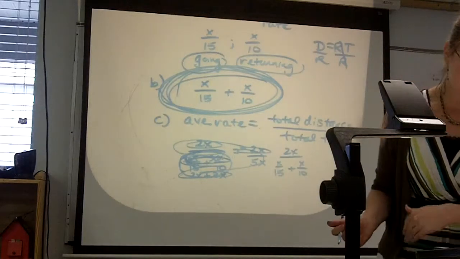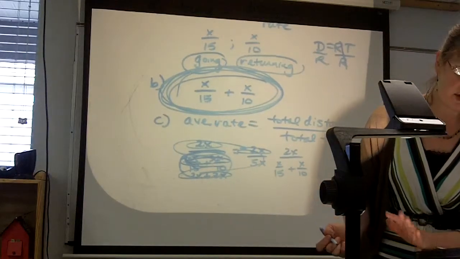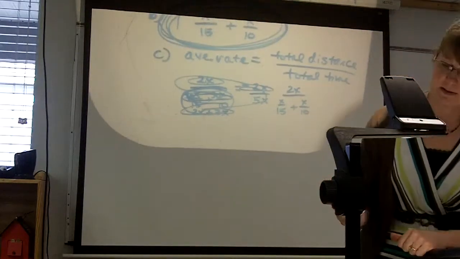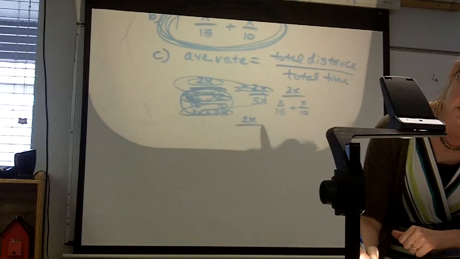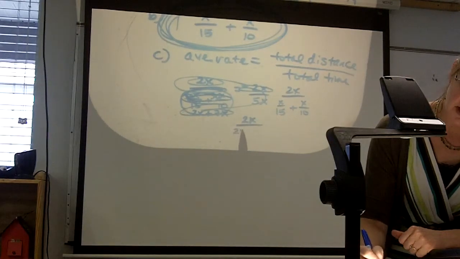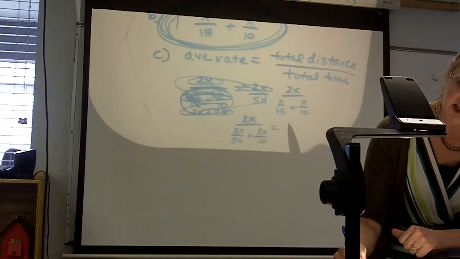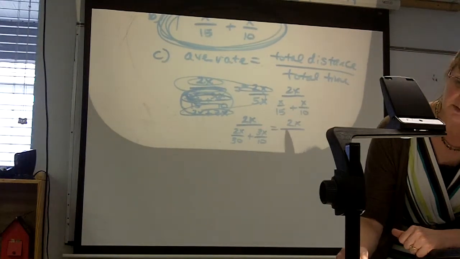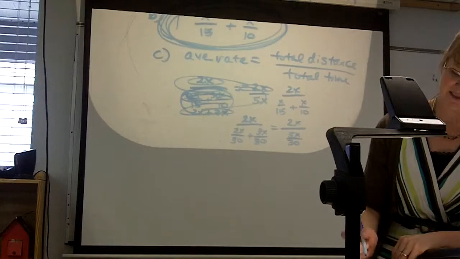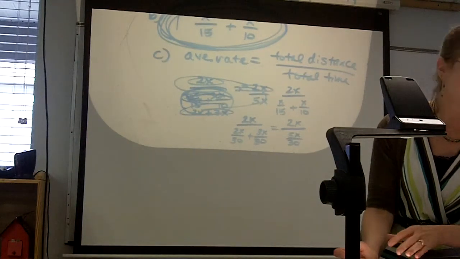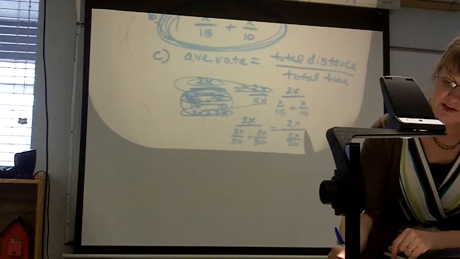We still get a common denominator, so we end up with 2x over 30 plus 3x over 30. Sorry, yeah, 2x plus 3x over 30. Sorry, Luke, I should have had you up here.